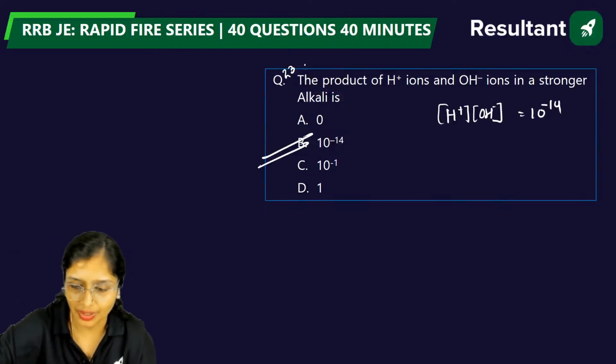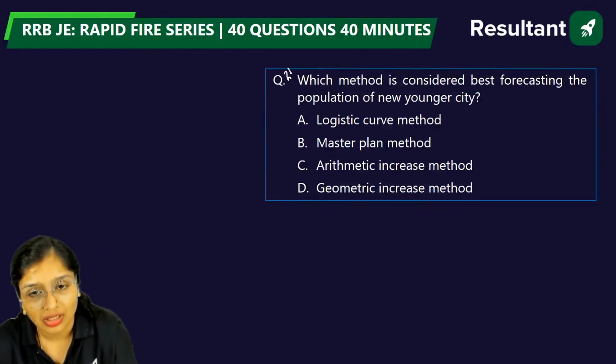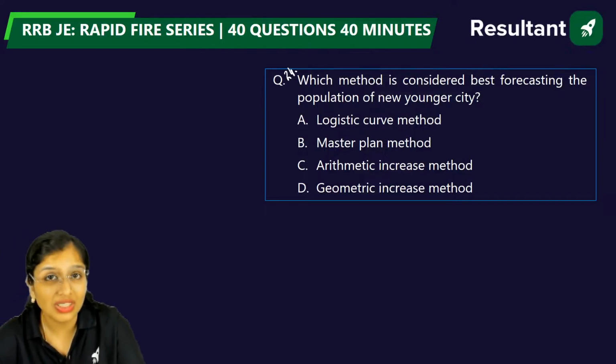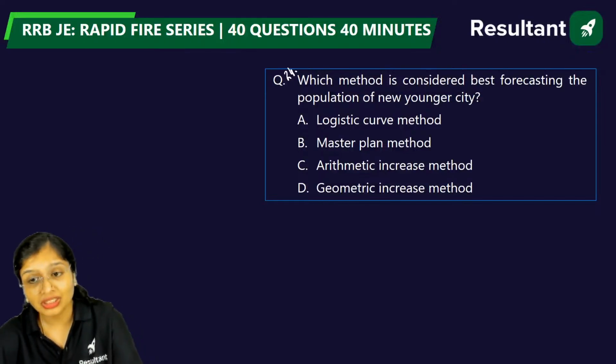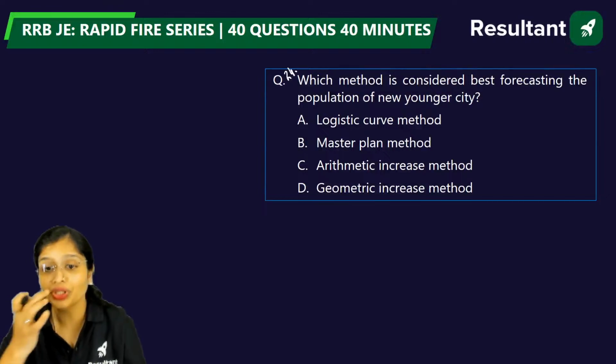Simple. Okay. Question number 24. We have discussed one question: which method of forecasting is used for the old cities or large cities? That was arithmetic increase method. Now, which method is considered best in forecasting the population of new younger cities?